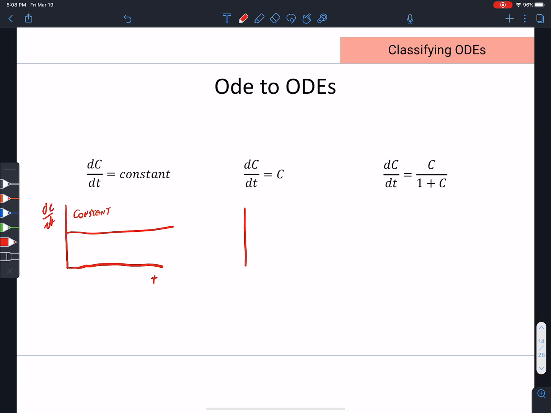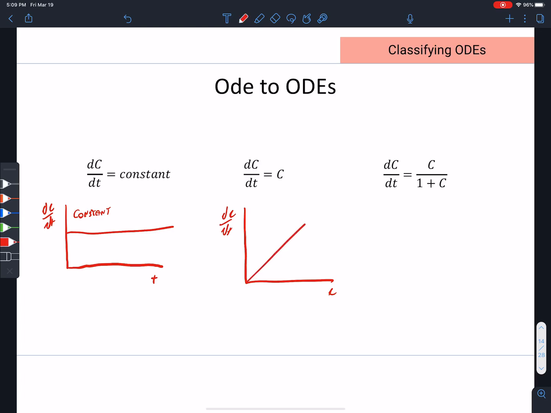Here we have a slightly different situation, where now the change in c is given by c itself. So this could be, for example, a slope, right? This will be a regular slope.